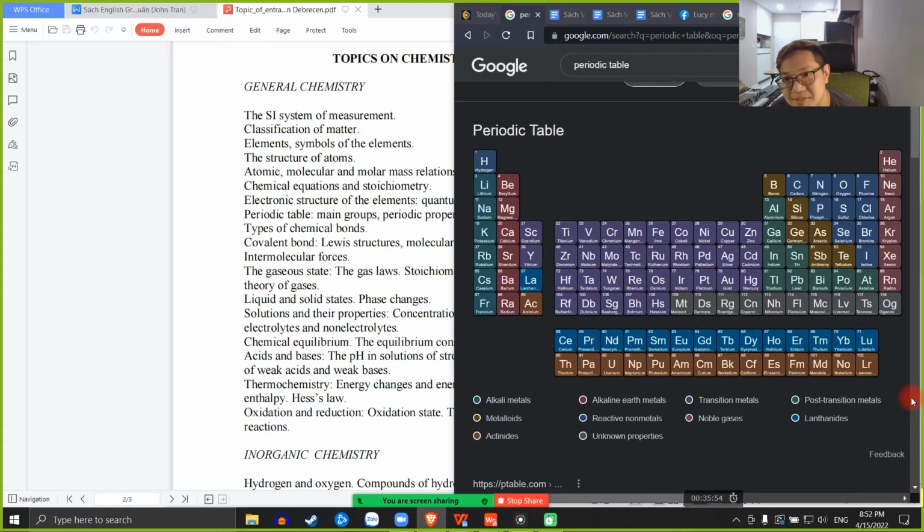So what is the value of fluorine? Electronegativity of fluorine. 4.0. It's 4.0. Okay. Which is the maximum possible in the whole periodic table. So what does it mean then? What does it mean?